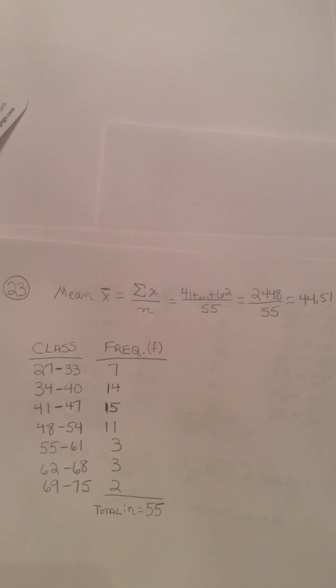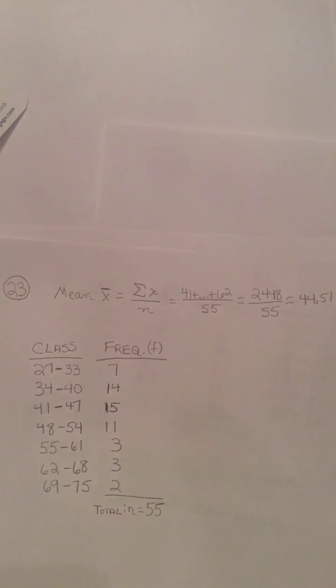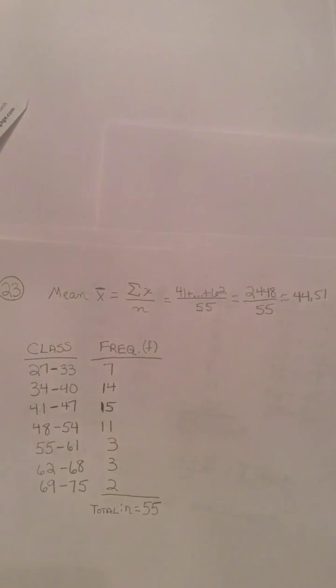Now, back in chapter 2, we had all the ages given out, and if you had looked at the mean in the context of taking every single data item and dividing by the number of those who signed, you had the combined ages at 2,448 years divided by 55, and we had the mean at about 44.51.